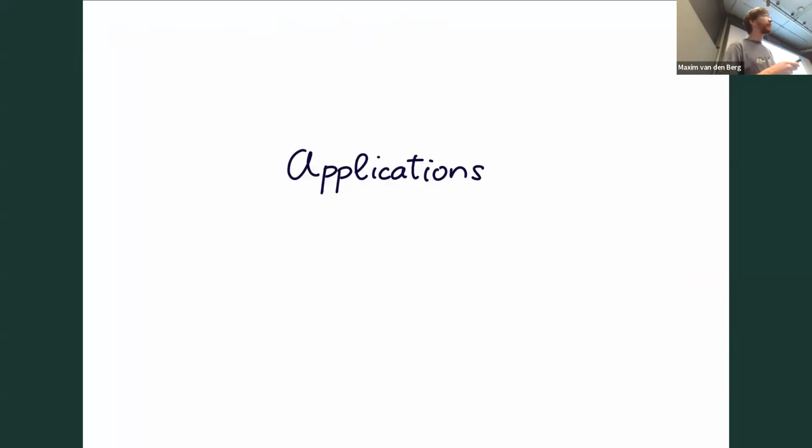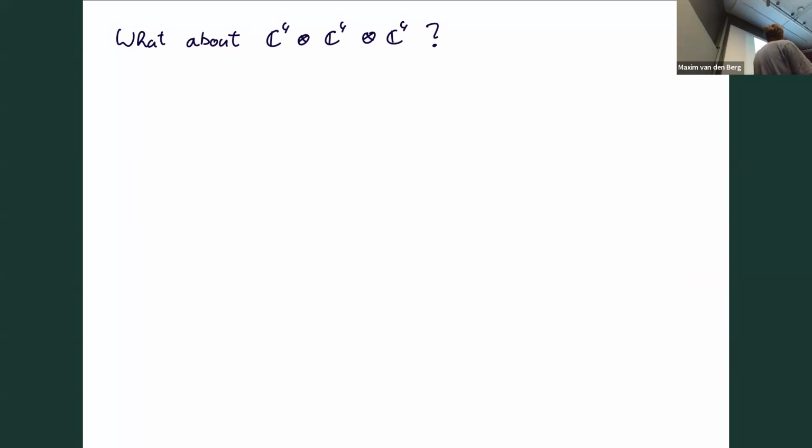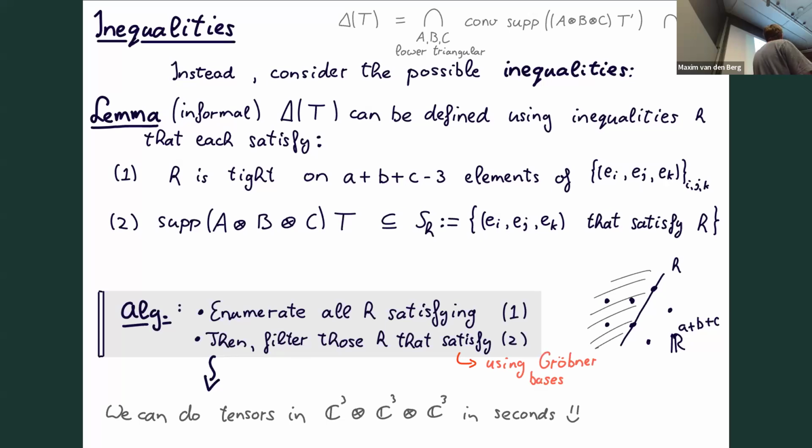How long did that take? That's a good question. It really depends on what tensor you do exactly, but all the ones I've tried could be done in about 20 minutes. There are two parts. The first is enumerating all the H, which takes about 5 to 10 minutes, I believe.